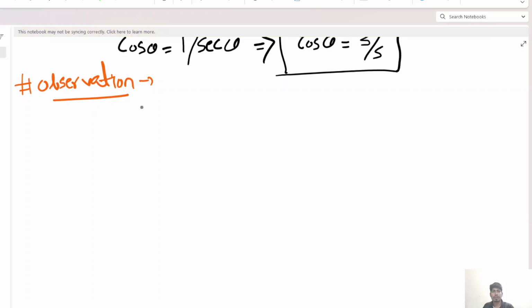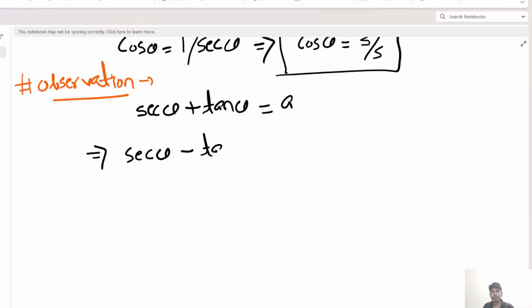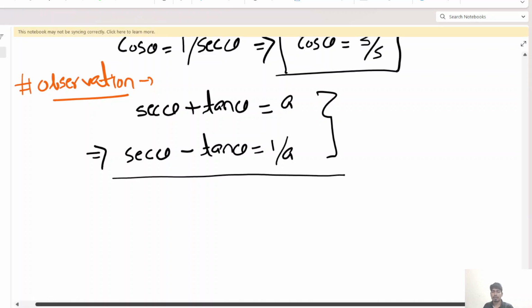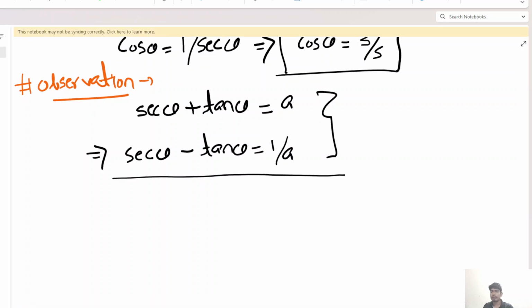Our observation is, if sec theta plus tan theta is equal to a, then sec theta minus tan theta is 1 upon a. Okay, this is our observation. Then we do our next question.